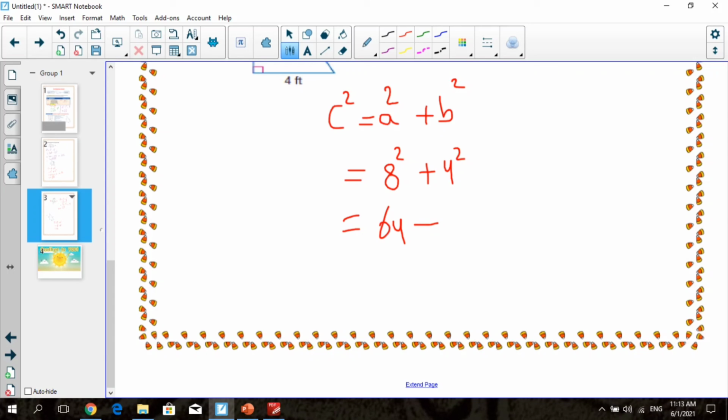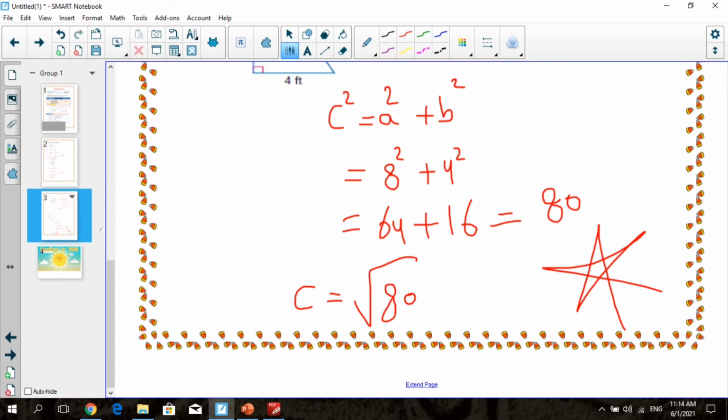Yeah, that equals 16. Now we want to find 64 plus 16, which equals 80. Great. Now if I want to find the length of C, that will equal what? The square root of 80. Super, I'm so happy with you. Get a star because your answer is correct. Great job.